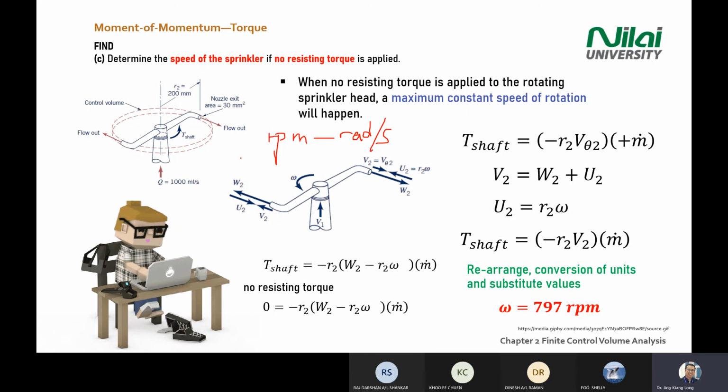Revolution per minute means you're turning 360 degrees over 1 minute. Change 360 to 2 pi radian. 1 minute has 60 seconds, and so on. So do the conversion.